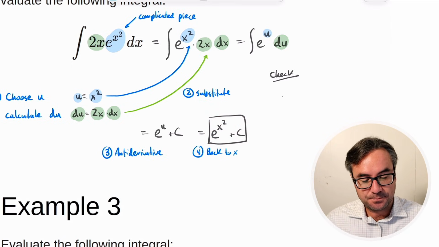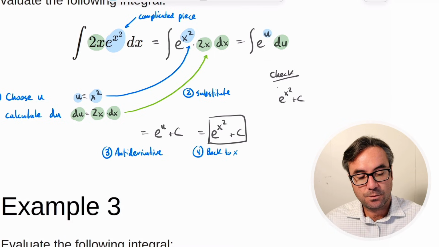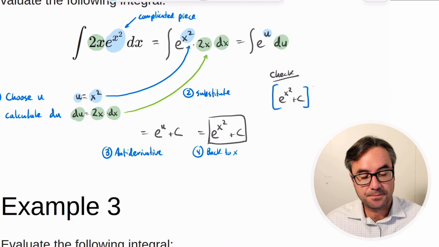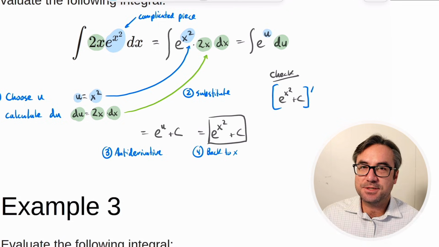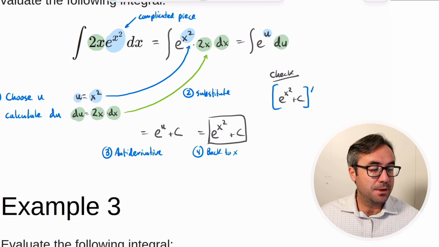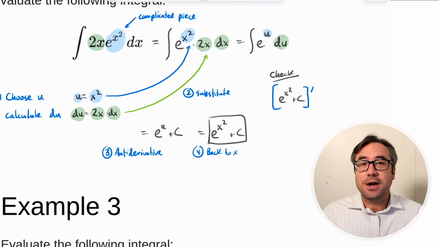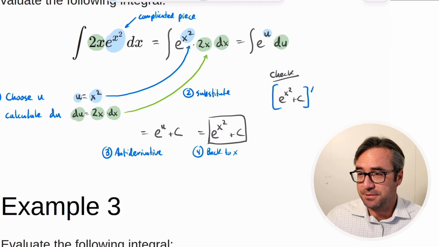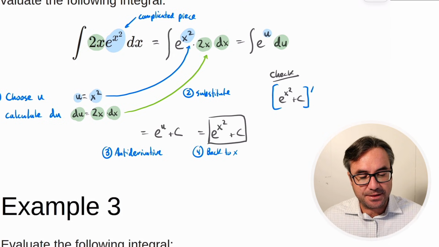So let's try it out. e to the x squared plus c. We're going to differentiate that thing. And if you use substitution rule to get the antiderivative, you're going to have to use chain rule to get the derivative. So let's differentiate this.